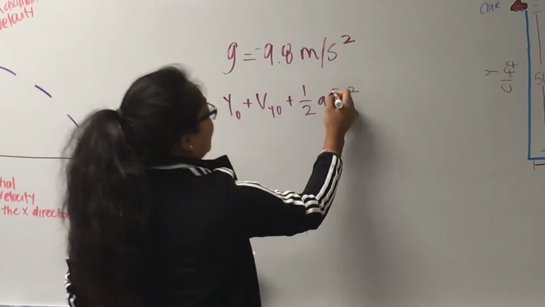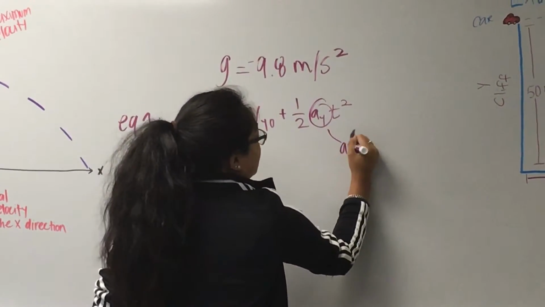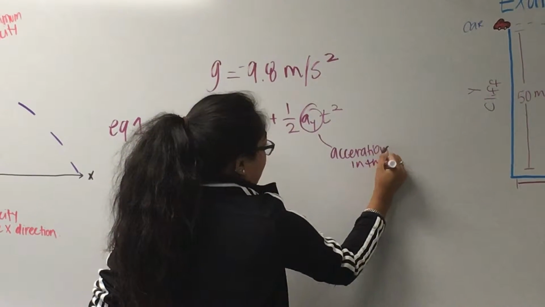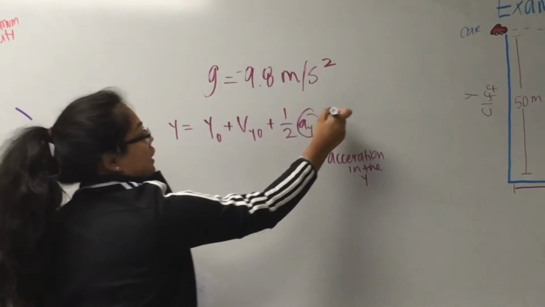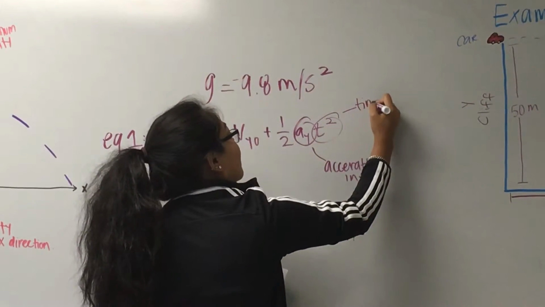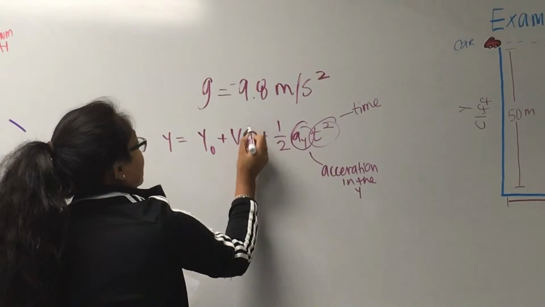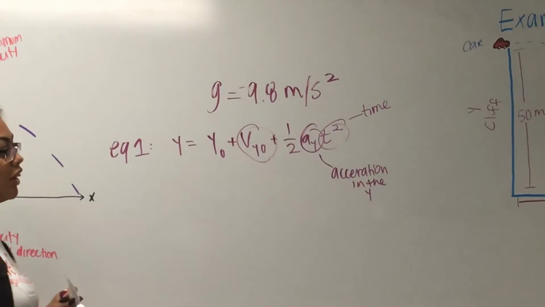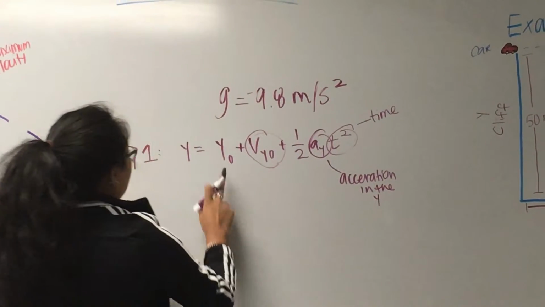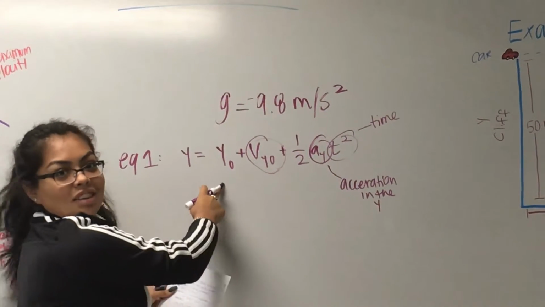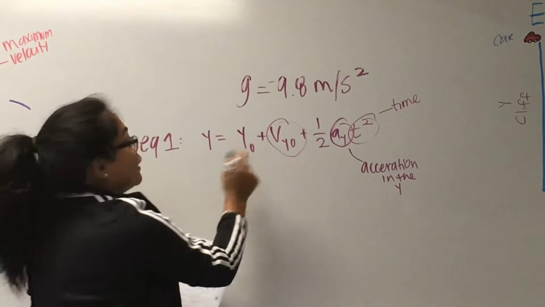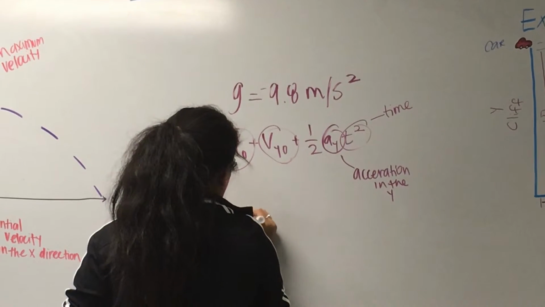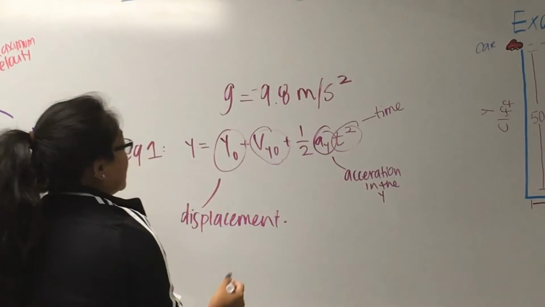Here ay means the acceleration in the y, this is time squared, this is, as you know, initial velocity in the y direction, and then displacement. This is for the y.